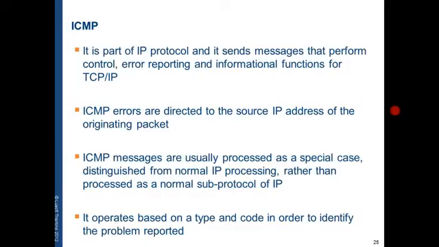These ICMP packets are treated as special packets, and they are different from the normal IP processing. It operates based on a type and a code that are predefined in order to detect what the problem is.